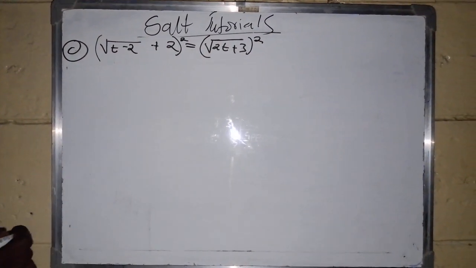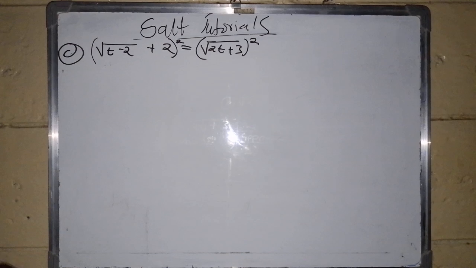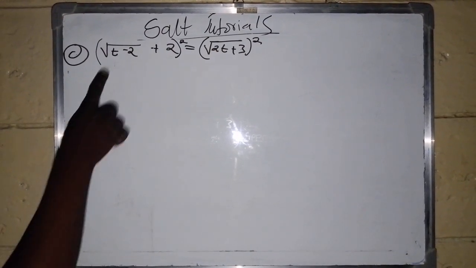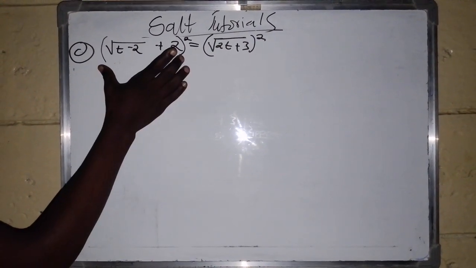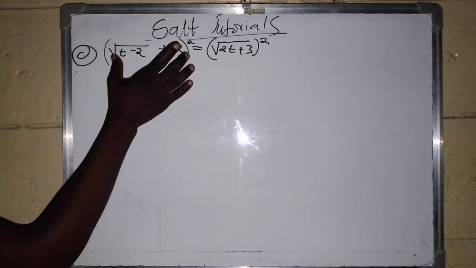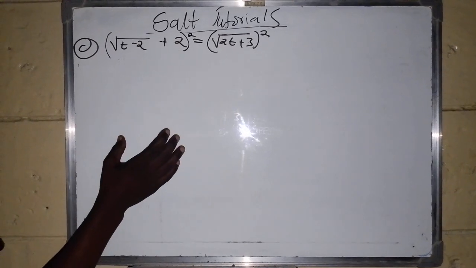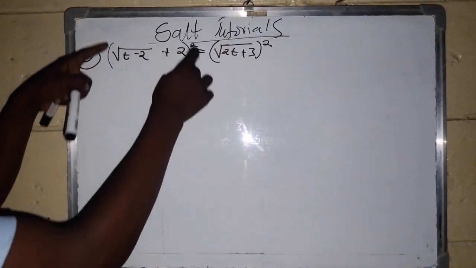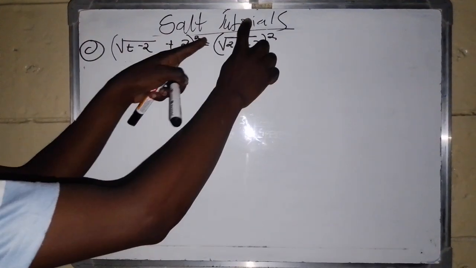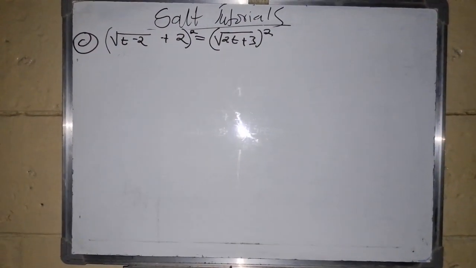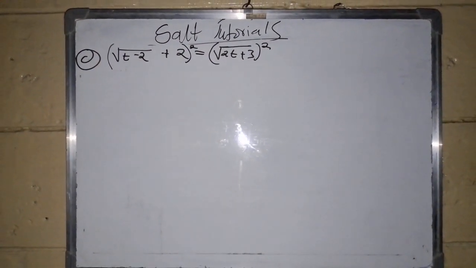Now, take note here, I've not raised each term, but I've raised the whole expression. I had to raise the whole left hand side to a power 2 and the whole right hand side to a power 2. So what does this mean?